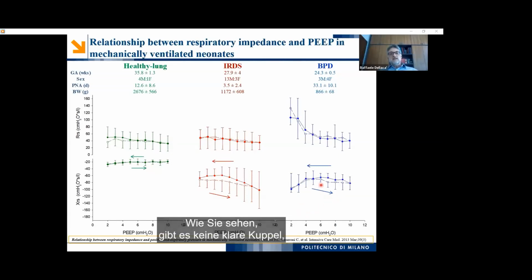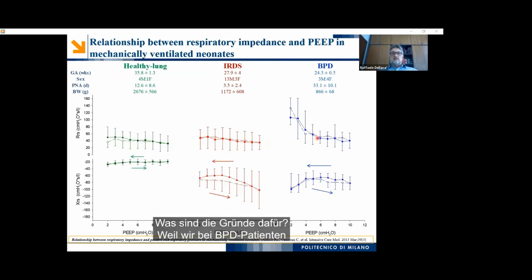As you can see, instead of having a clear dome, this is actually the average of several patients. So at individual level, you will see even more sharp identification of the maximum. What happens is that you can see that both resistance and reactance can be very different at low PEEP, and then they stabilize, they get normal. You can see reactance in RDS, but resistance in RDS didn't change markedly.